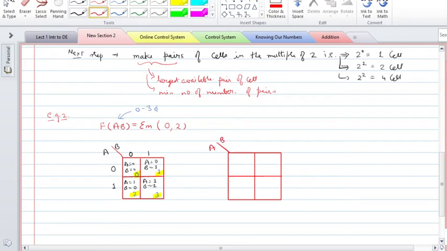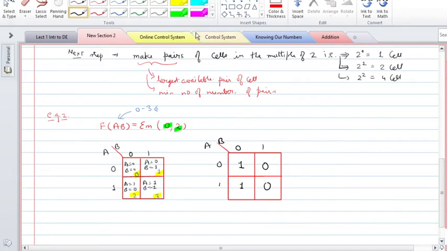A B, 0 1, 0 1, and the function given is 0 and 2. So we have to fill up 1 at these two positions only. 0 is in this box. So 1 and 1, the rest will be 0.